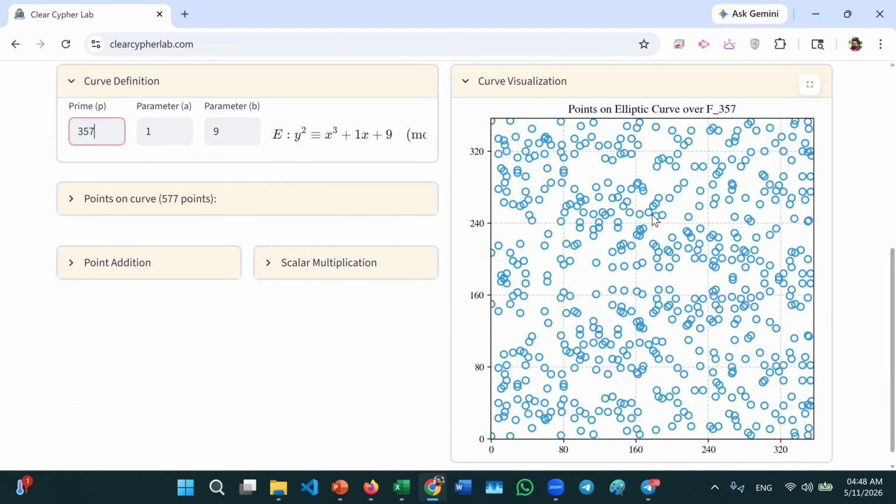But anyway, we see that by increasing the value of p, we have a bigger field. So we have bigger options, and then we have bigger valid points.